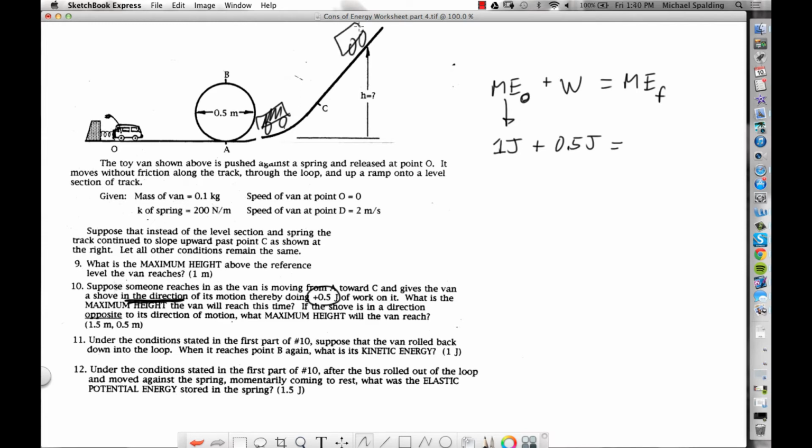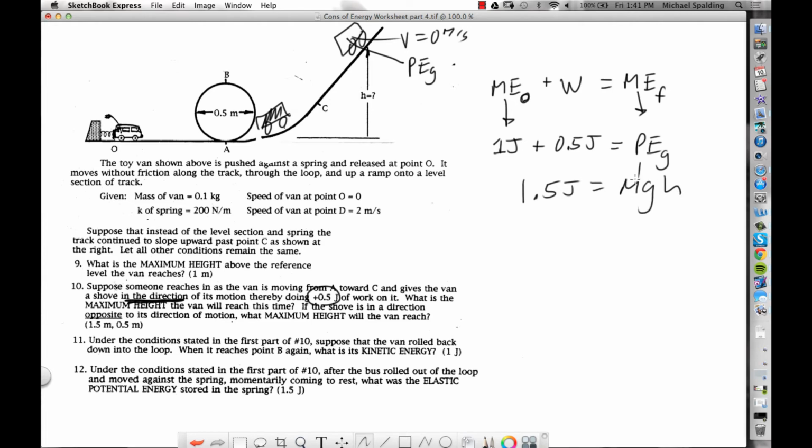So again, the van goes up here. For a split second, the velocity goes to 0. So what's the energy going to be up there? Potential. This mechanical final here is going to be potential of gravity. So we have 1.5 joules equals, what's the equation for potential of gravity?